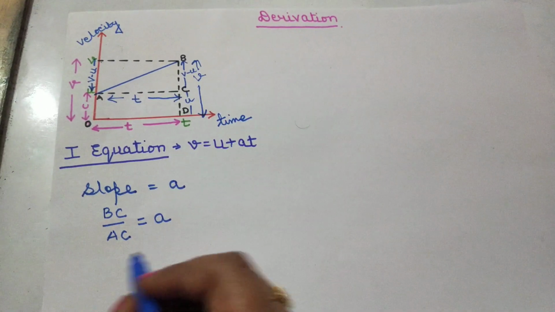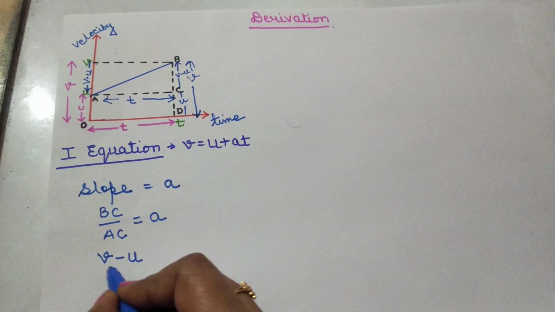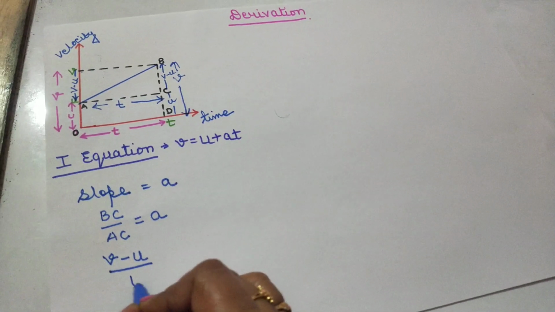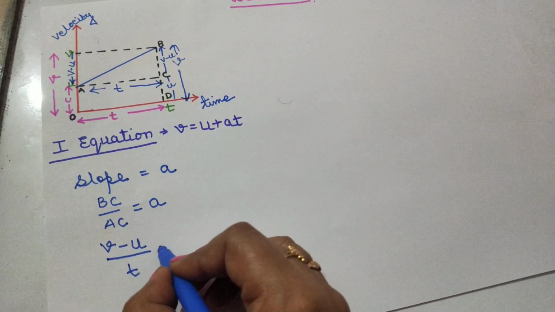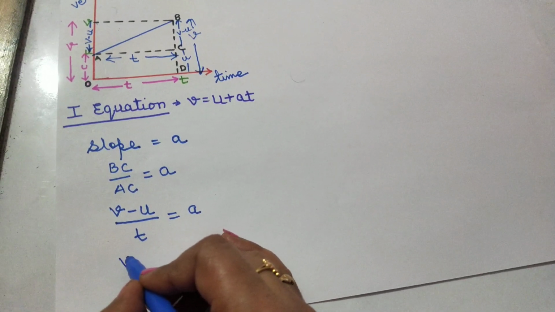What is the value of BC? It is v minus u. And what is the value of AC? It is t. It will be equal to a. Now simplify the equation.